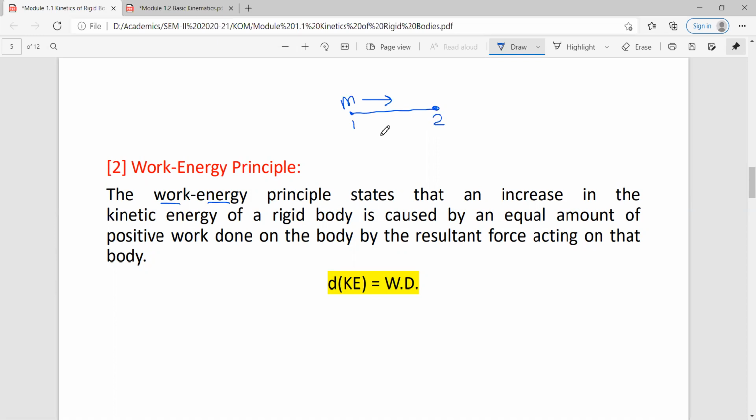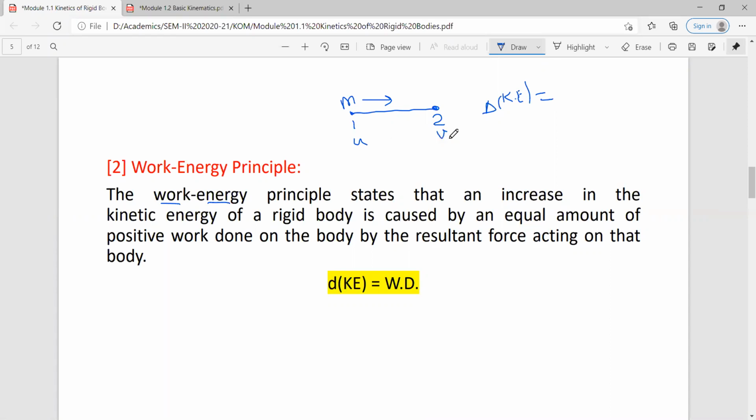When it moves from position 1 to position 2, and if there is a change in kinetic energy, for example, say here there is some initial velocity u, and at point 2 there is a final velocity, say v.